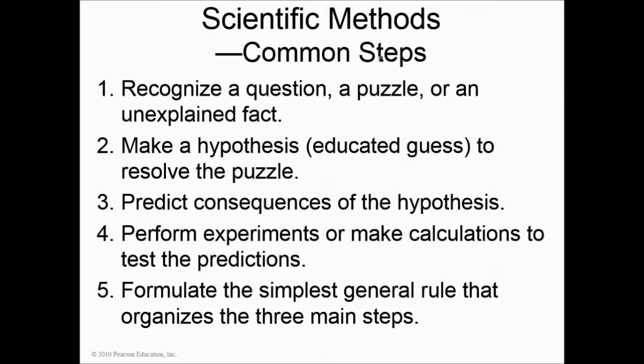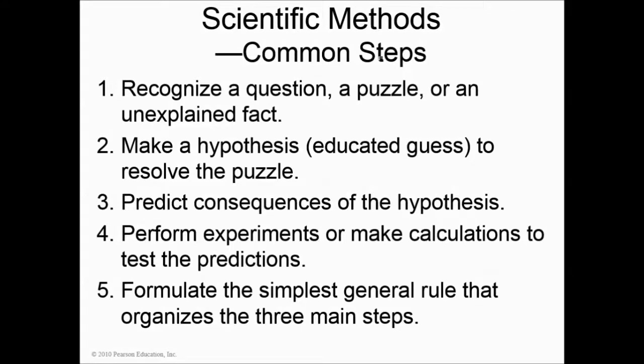But the common steps are: you recognize a question, puzzle, unexplained fact, make a hypothesis or an educated, good guess to resolve the puzzle, predict some consequences of the hypothesis, perform experiments or make calculations that test those predictions, and finally, the end result is that you come up with the simplest general rule that organizes the three main steps. In other words, some general rule that explains the question or puzzle that you came up with.